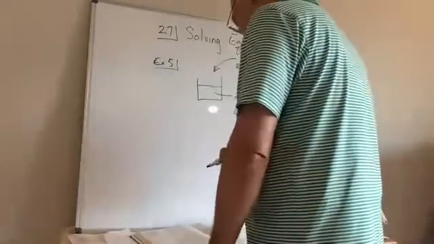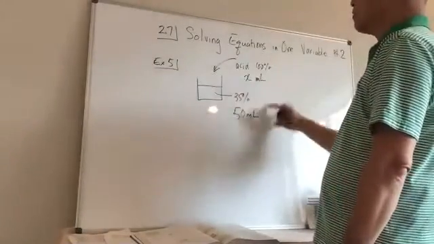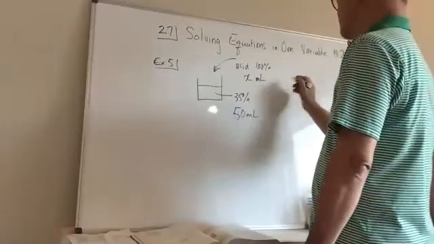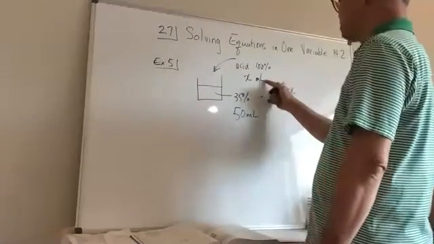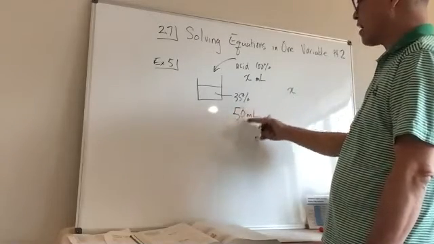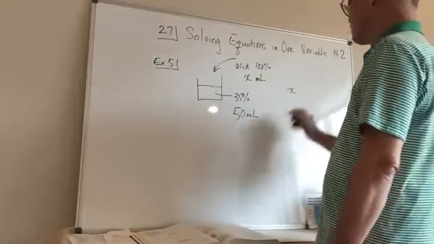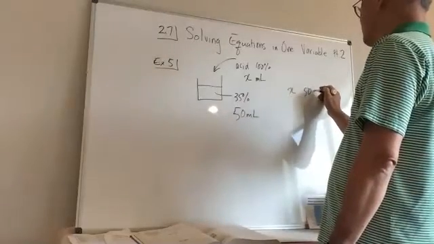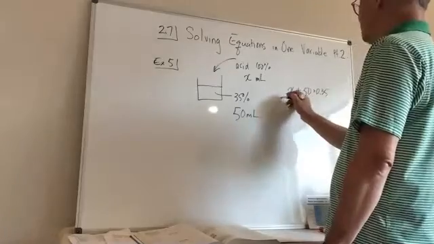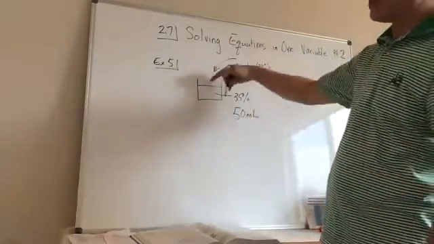If I find out how much acid I'm going to have altogether once I've added this, I'm going to have X, plus the existing acid that I had here. How much existing acid? It's 35% of the 50 milliliters, so it's 50 times 0.35. This is the total amount of acid once I put in the X milliliters.